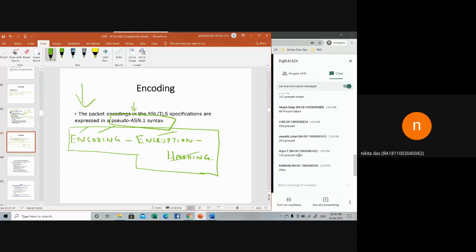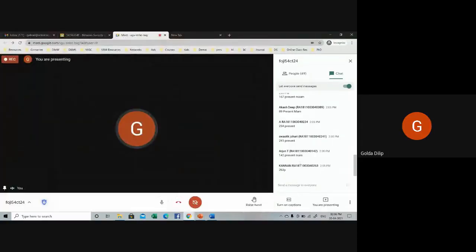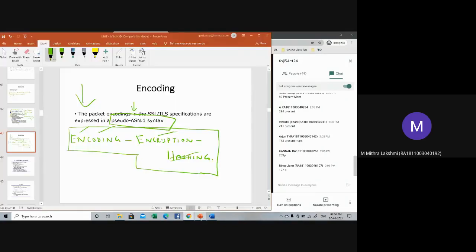Why is it not coming? There's nothing for me to scroll down. 260, Swastik Johari has put in chat. 241 is there.